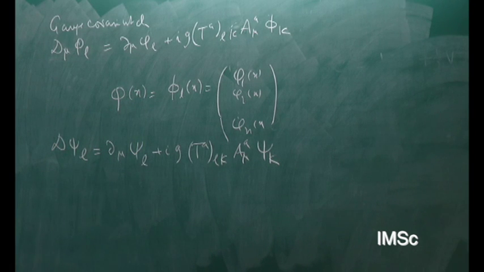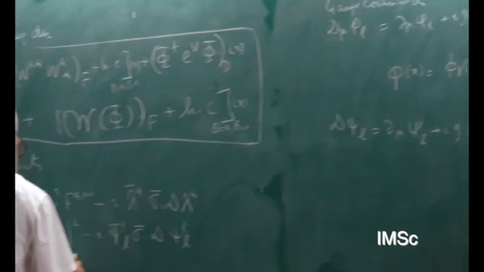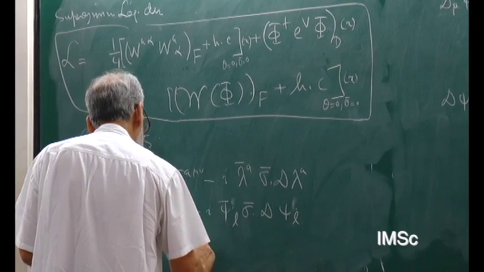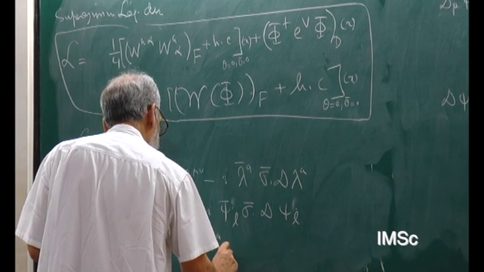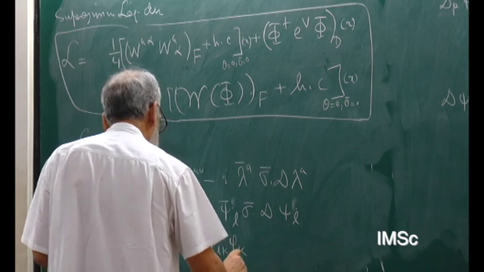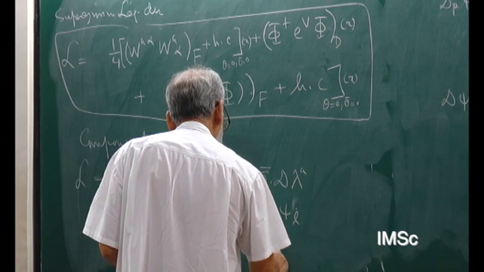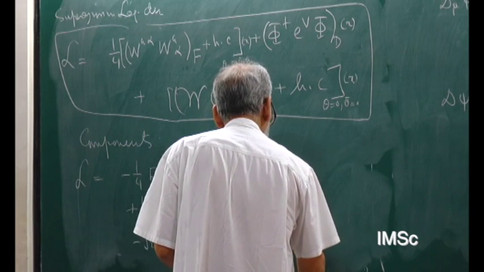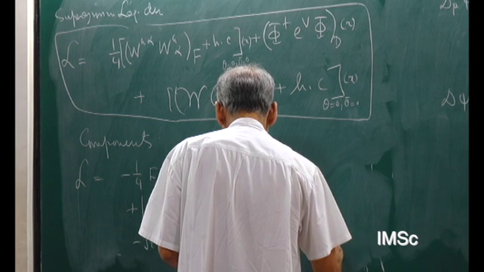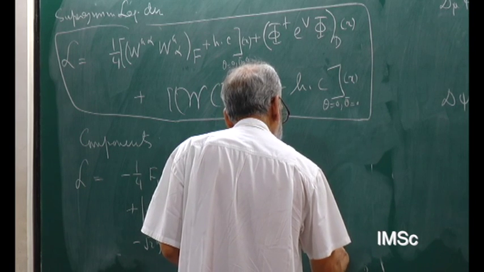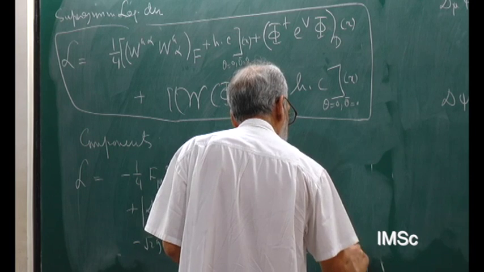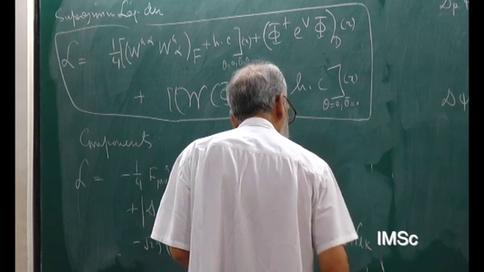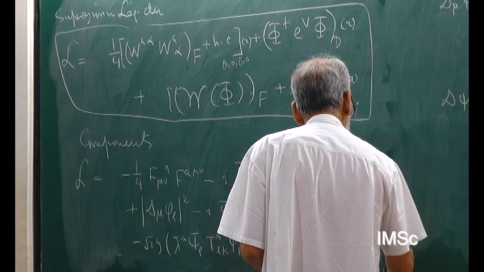Then we have the Yukawa couplings, minus √2 g λ^A-bar ψ_L-bar T^A_{LK} φ_K plus its Hermitian conjugate, minus 1/2 ψ_L ψ_K W_{LK} plus Hermitian conjugate.